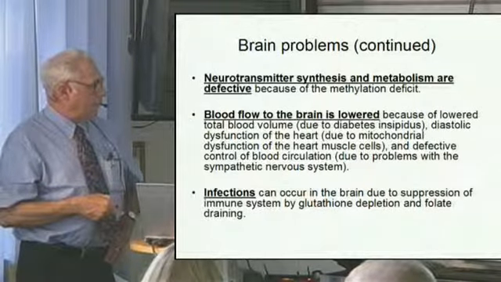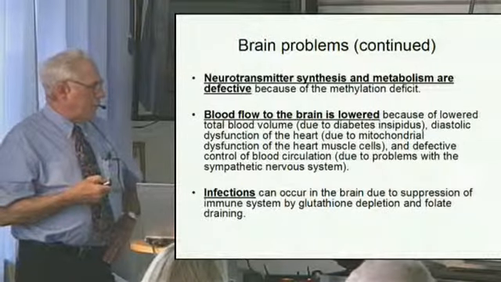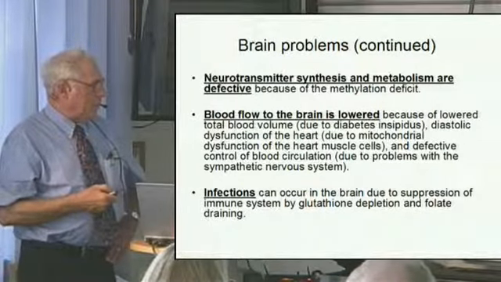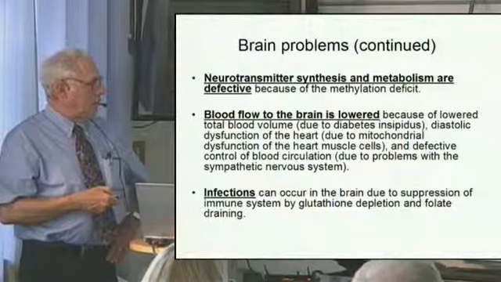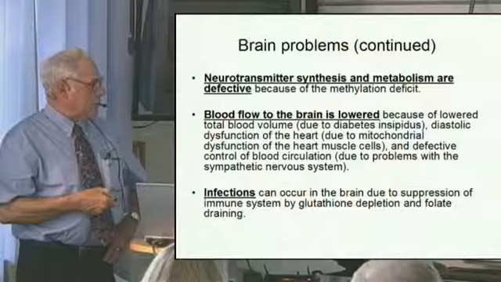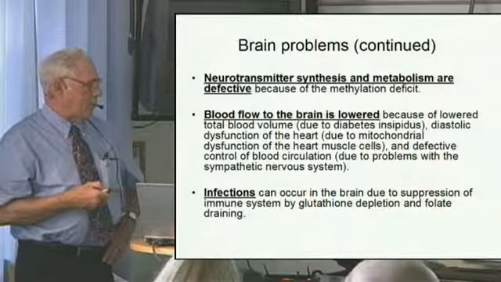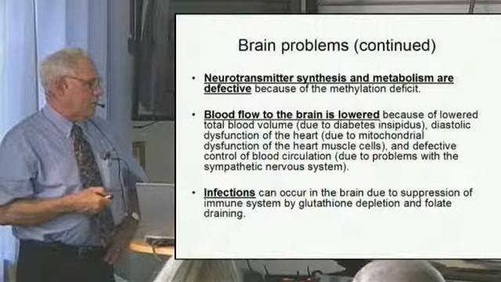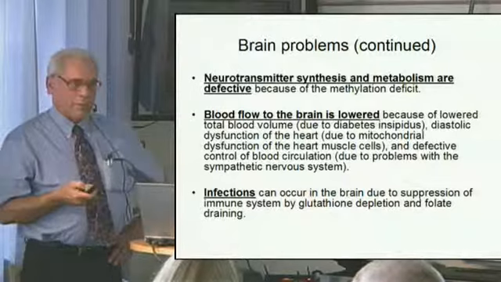And then finally, there can be infections, and we've seen that in some of the autopsies, and also using SPECT scanning of the brain. You can see that there's vasculitis, thought to be due to infections, and that's because the glutathione depletion and folate draining impact the cell-mediated immunity.